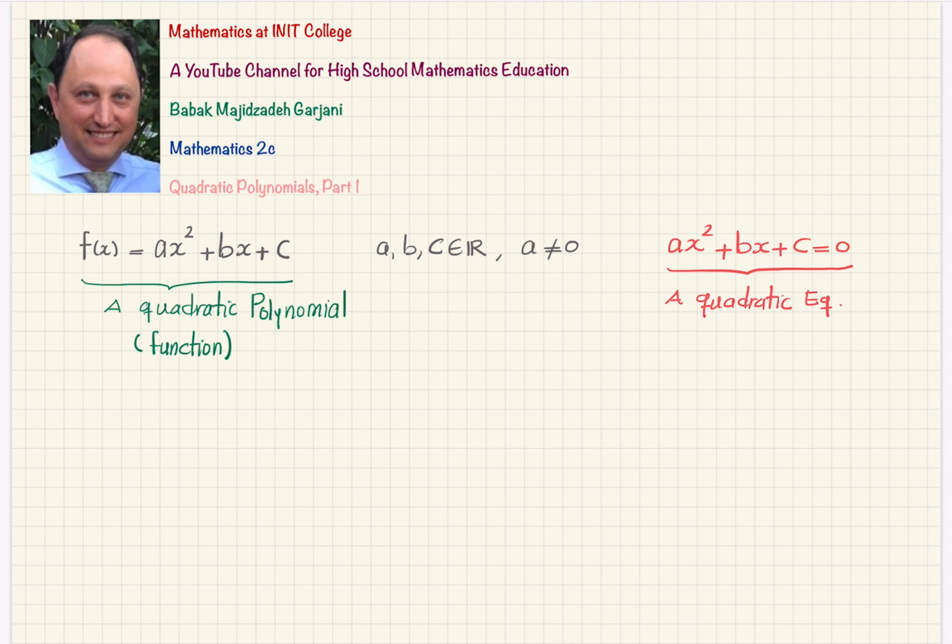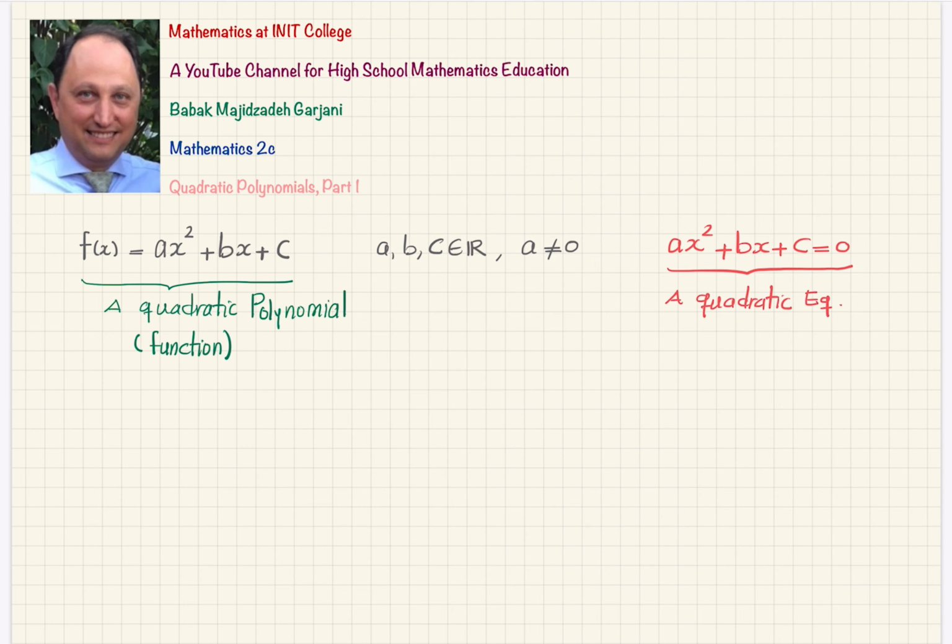Okay, if I ask you what is probably the simplest possible quadratic function, quadratic polynomial? If b and c are equal to 0?